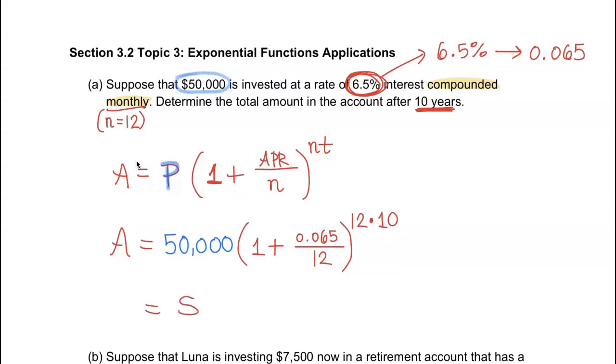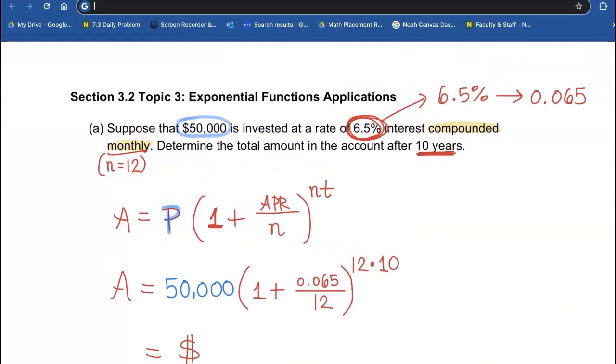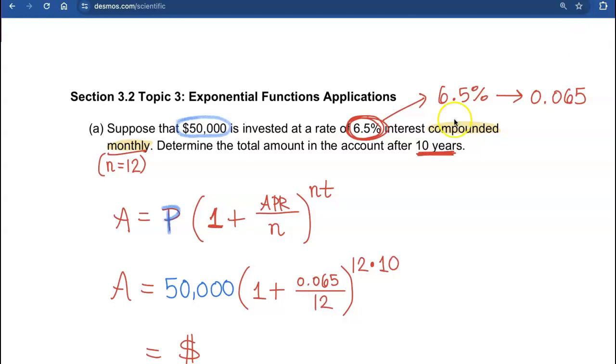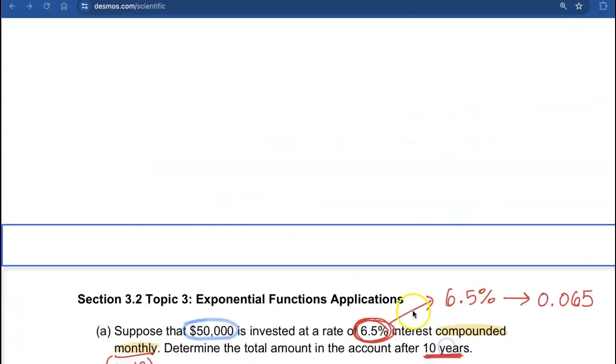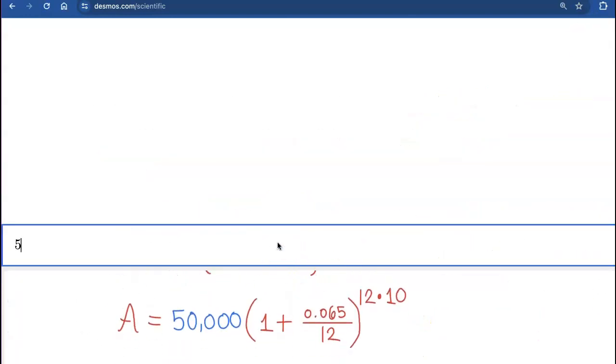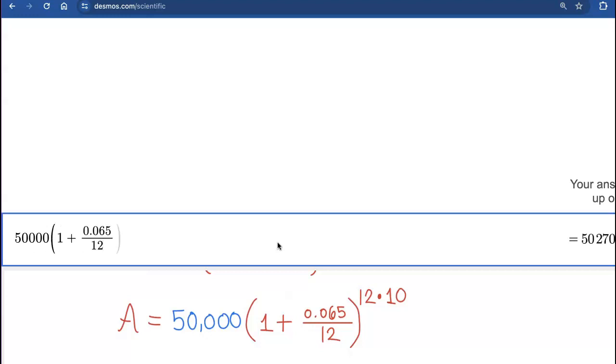Now we're going to use a scientific calculator to evaluate for the answer. So I'm going to open up a calculator. I'll go to Desmos's scientific calculator on my computer screen, and I'm typing in 50,000 times (1 plus 0.065 divided by 12) raised to the power of, in parentheses, 12 times 10.